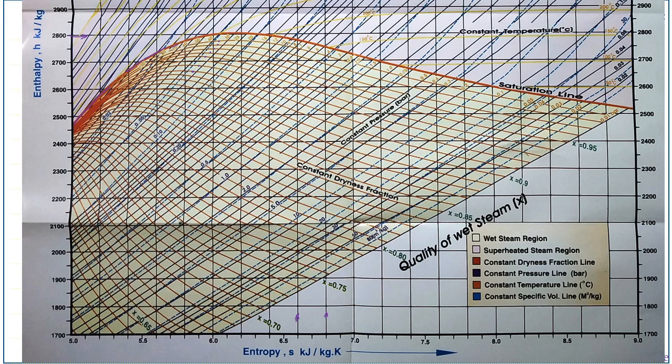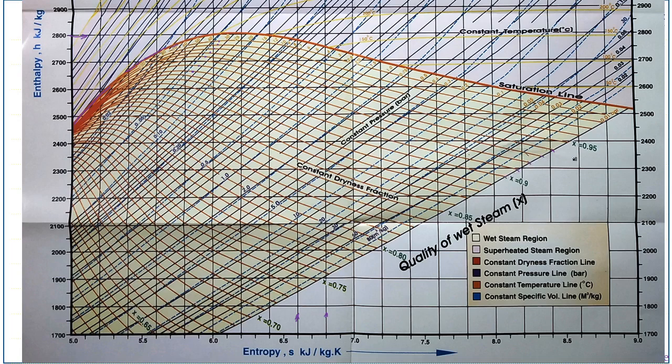You can find the dryness fraction as 0.7, 0.75, 0.8, 0.85, 0.9 and 0.95. These are the curves which represent dryness fraction. In between, it is 0.94, 0.93, 0.92, 0.91 and 0.9.